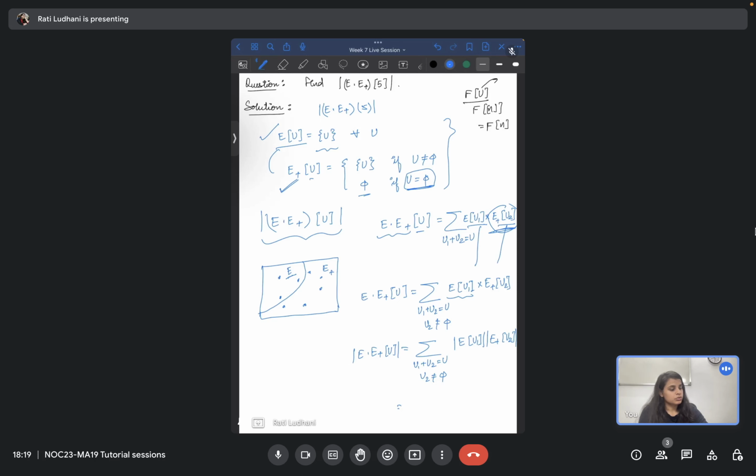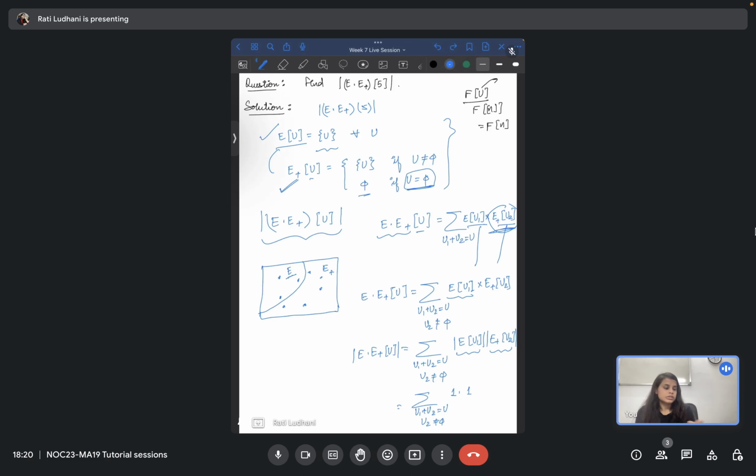Now what is this? You know that this is 1 and this is 1, and we have removed the possibility of 0 because U2 is non-empty now. So this is just the sum over u1 plus u2 equal to u, with u2 non-empty, where EU1 will be 1 and E plus U2 will be 1. So this is just a sum of ones.